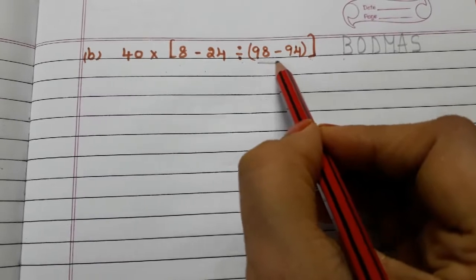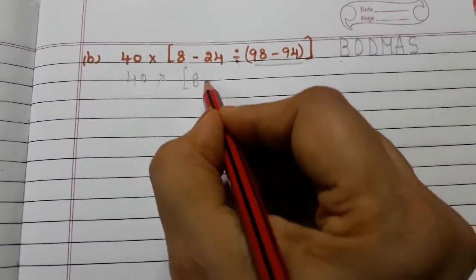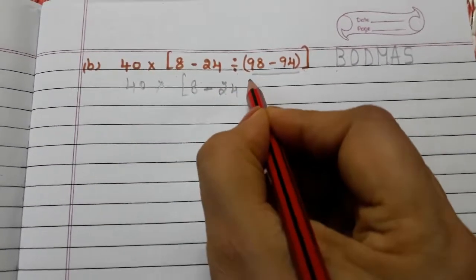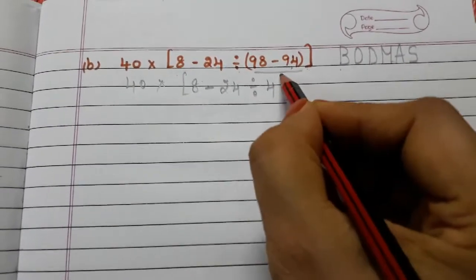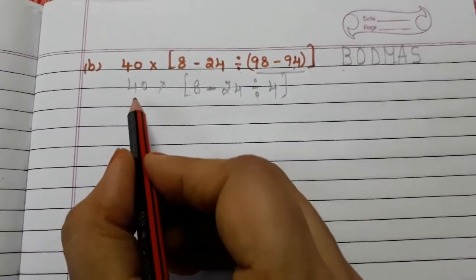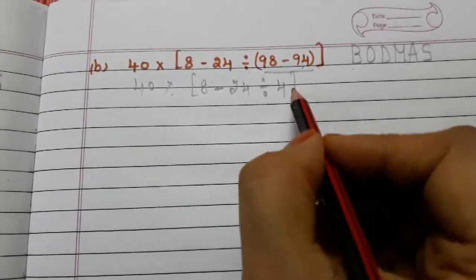In that we have parentheses. So first we have to solve this. 98 minus 94 is how much? 4. Okay. Now we have an expression 40 into 8 minus 24 divided by 4, which is in square bracket.